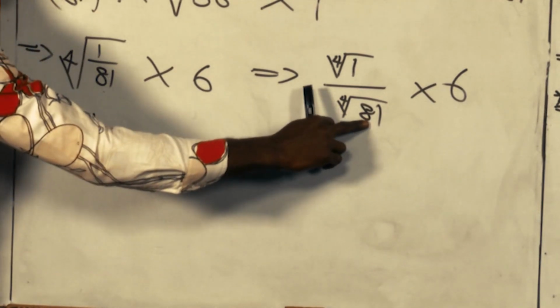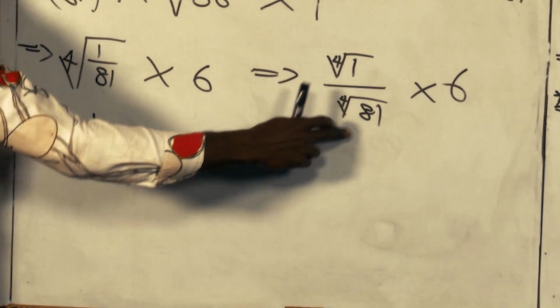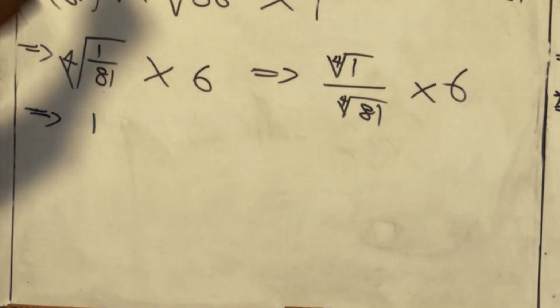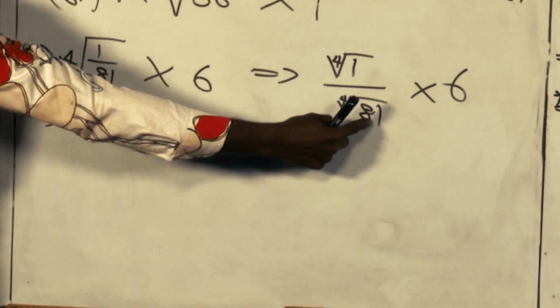Now 4th root of 81, we are looking for the number that will multiply itself 4 times to give us 81.